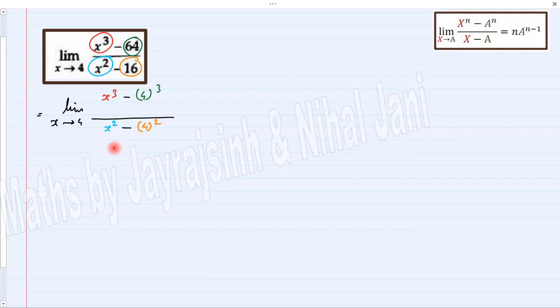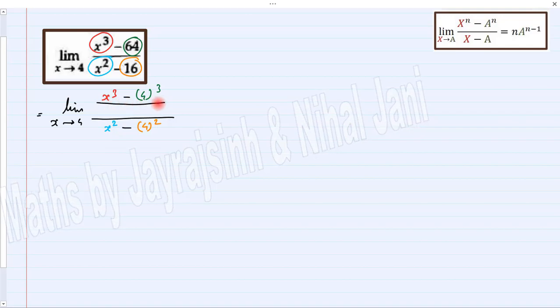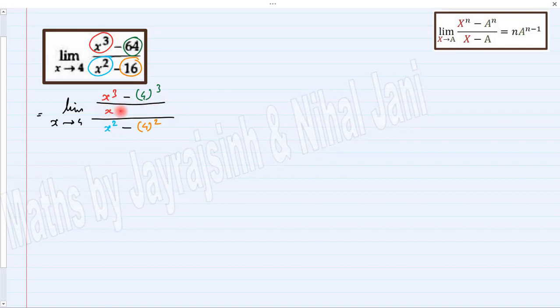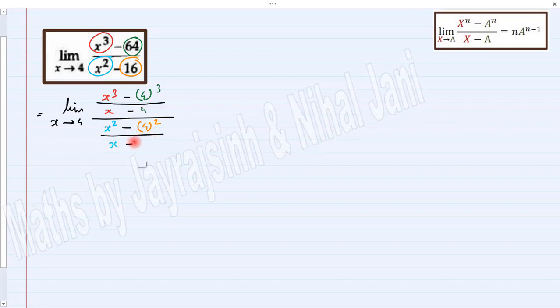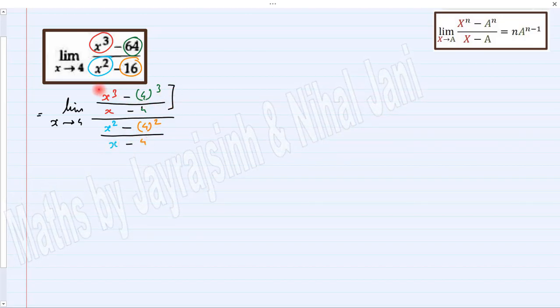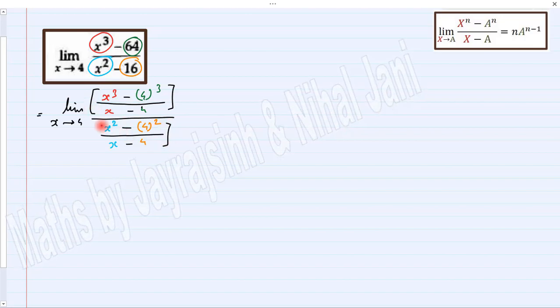So to convert into standard form, we just need to divide x minus 4 to the numerator as well as in the denominator. So we can easily apply the standard form.